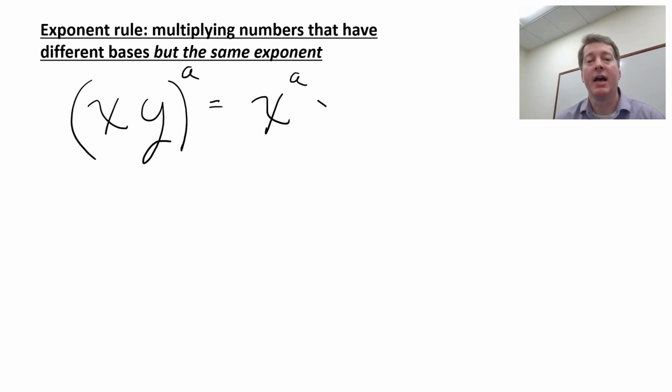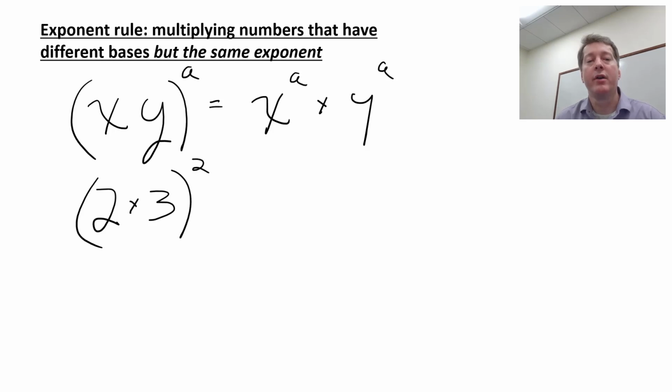Suppose the numbers you're multiplying together have different bases, but the same exponent. So suppose you had xy, x times y, all raised to the power of a. That is the same thing as x to the a times y to the a. So if I had 2 times 3 squared, that is the same thing as 2 squared times 3 squared.